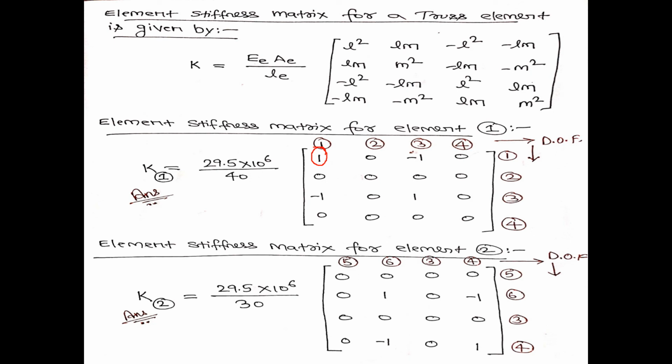Likewise, I have done some calculations and taken some values common, and then I get this value. If you add all these rows and columns of the elements and take some values common, then finally you will get this matrix.